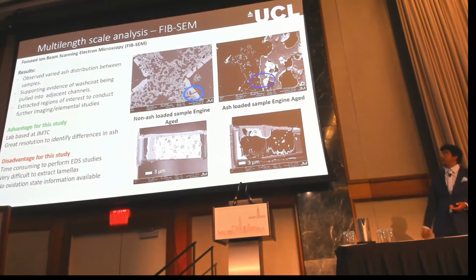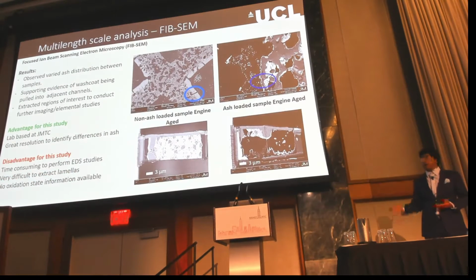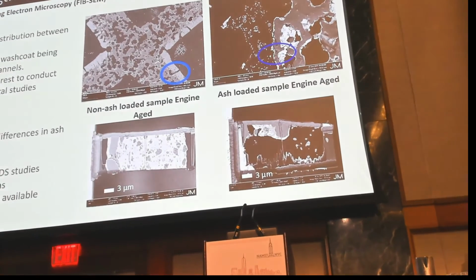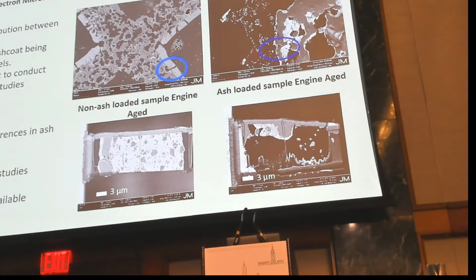We used FIB-SEM, so this was our sample prep method. With SEM we can get understanding from the micrograph. This initially showed us our hypothesis of the pull of the GPF washcoat into the adjacent layer. And also with the FIB, the so-called ion beam, we could actually extract a region of interest from this GPF.